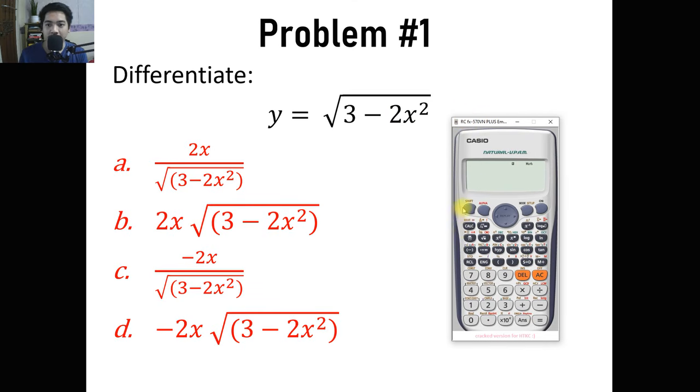So we press shift and click this button, d over dx, that's the derivative. We input square root of 3 minus 2 alpha x squared. And the calculator is actually asking what particular value of x.